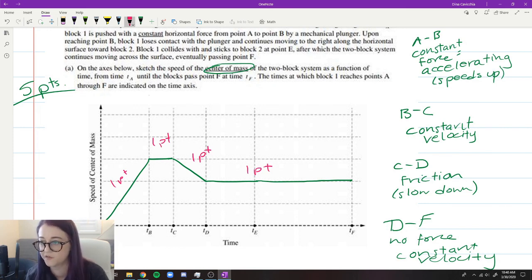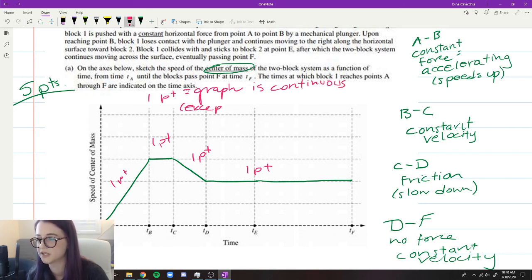And then the 5th point is that your graph is continuous, except if you messed up and you put that the velocity would decrease at E, if you made that mistake, you could still get that point.